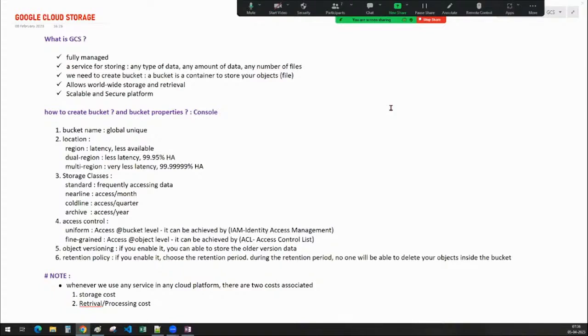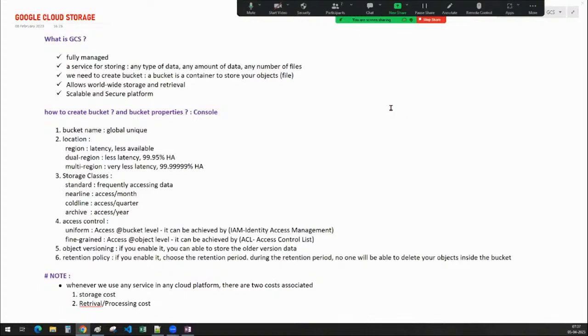A bucket is a container to store your objects, and an object is nothing but a file. It allows worldwide storage and retrieval. It is a scalable and secure platform. This is the introduction to Google Cloud Storage.